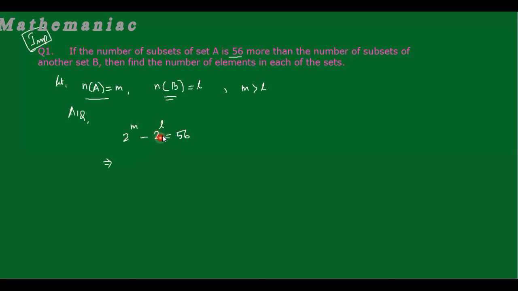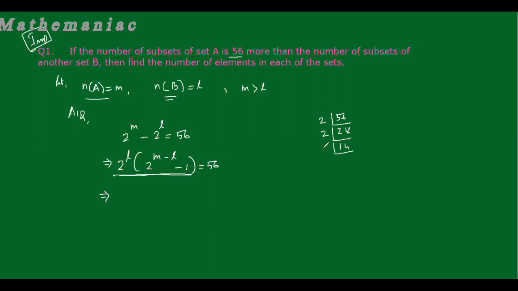I am going to take 2 to the power L common. Then I'll get 2 to the power (M minus L) minus 1, equal to 56. We are doing this so that we can easily visualize the problem and put it in the proper pattern. So now we'll try to put the right hand side in this pattern. For that, the right hand side must be factorized. You do the factorization and see what you get.